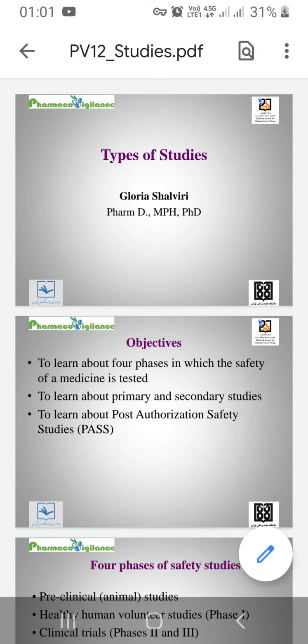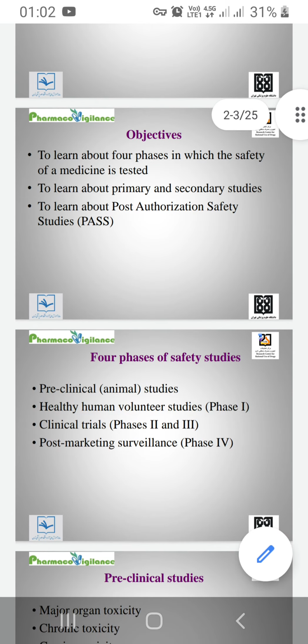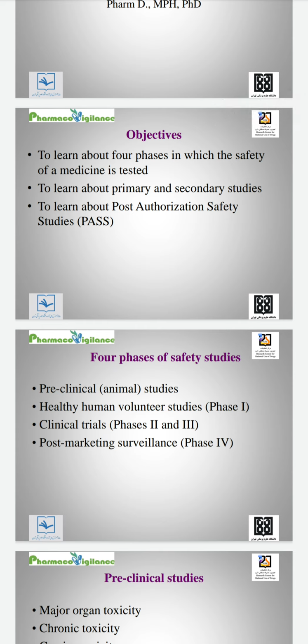We want to learn together the different types of studies in pharmacovigilance. Our objective today is to learn about the four phases in which the safety of a medicine is tested, to learn about primary and secondary studies, and to learn about post-authorization safety studies, or PASS.